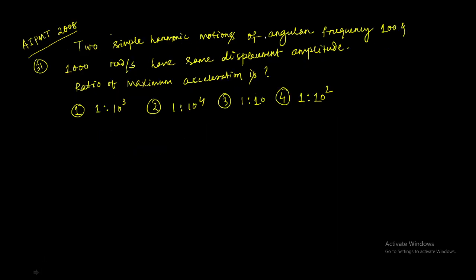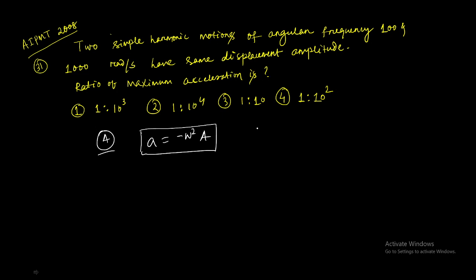Two simple harmonic motions of angular frequency 100 and 1000 radian per second have same displacement amplitude. Ratio of their maximum acceleration? So displacement amplitudes are same, so both are a. So maximum acceleration a equal to omega square a. This will be a max value, right?